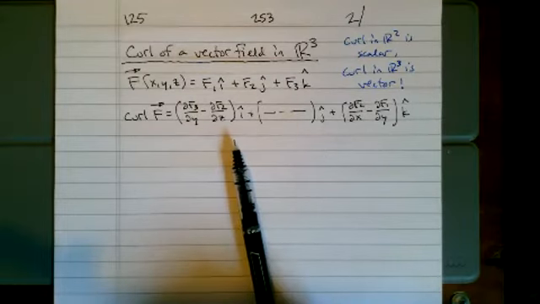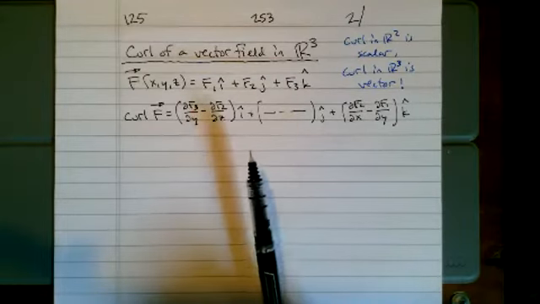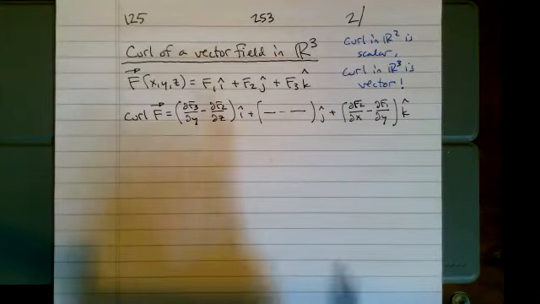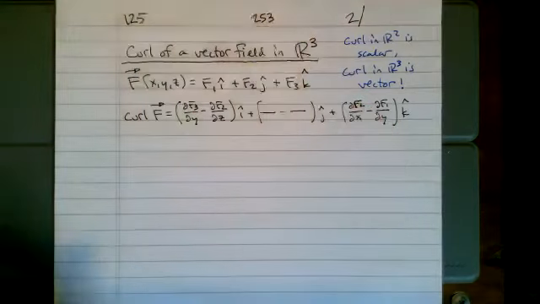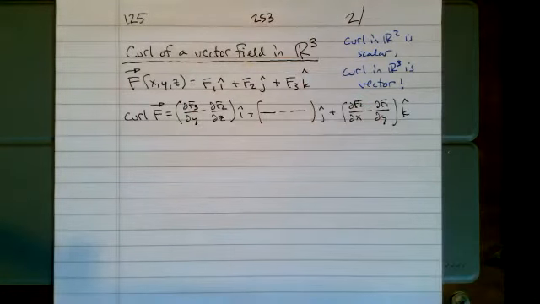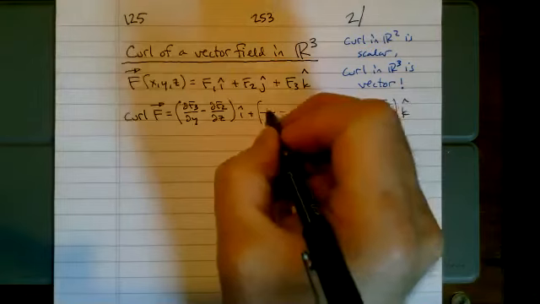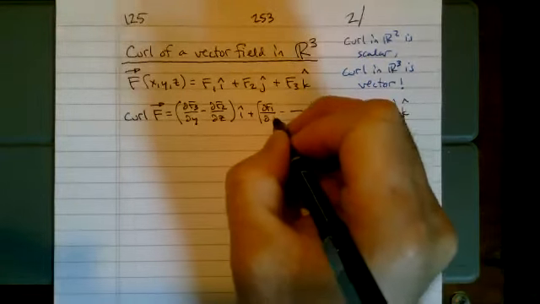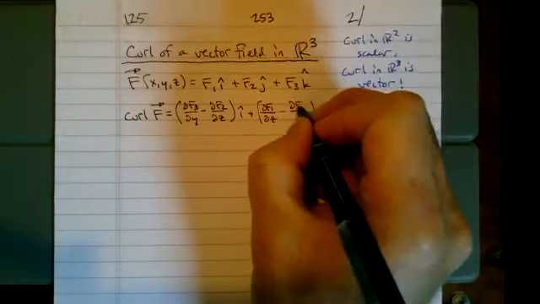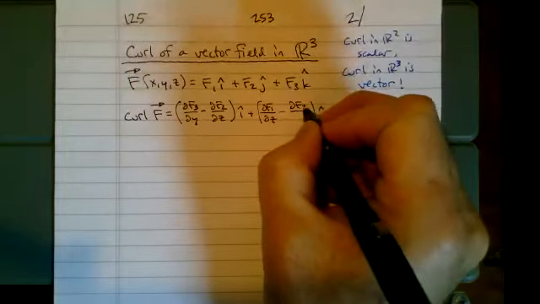There should be a partial of F1 with respect to Z and a partial of F3 with respect to X. So the way I try to remember the curl is nothing matches. So it's the partial of F1 with respect to Z minus the partial of F3 with respect to X.